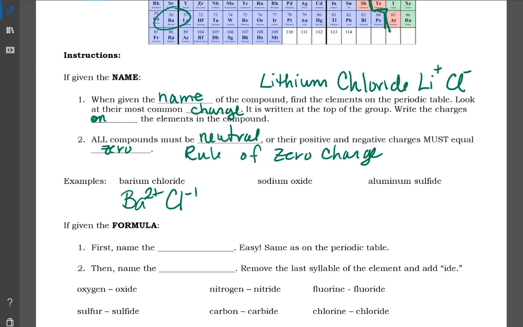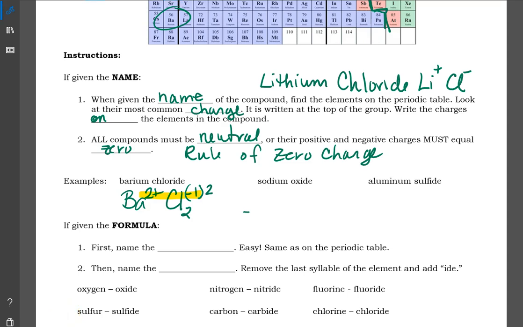Now, the law of zero charge says the charges have to add up to 0. And those do not. We have to have some combination of barium and chlorine together. We can't add anything else. But if we have two chlorides, we would multiply that charge by 2, and now we add up to 0. It's an algebra problem.